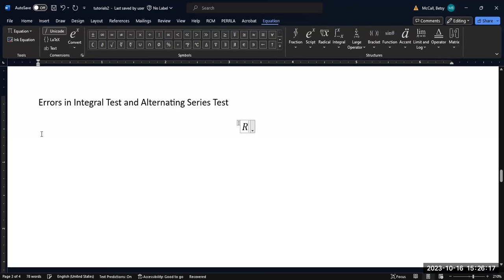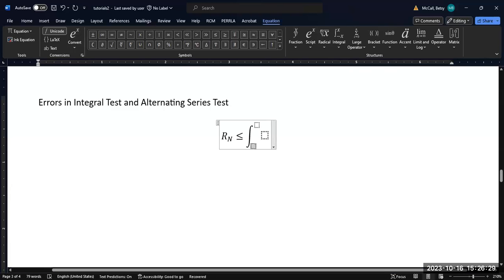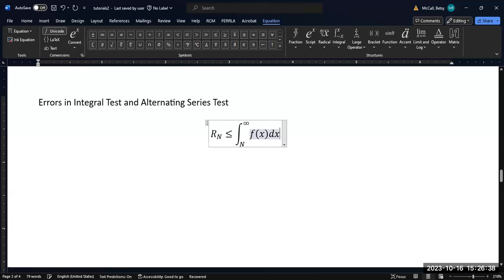The integral test basically has the remainder term being less than or equal, conservatively, to the integral from n to infinity of f of x dx, where f of x is the function that the series is based on.